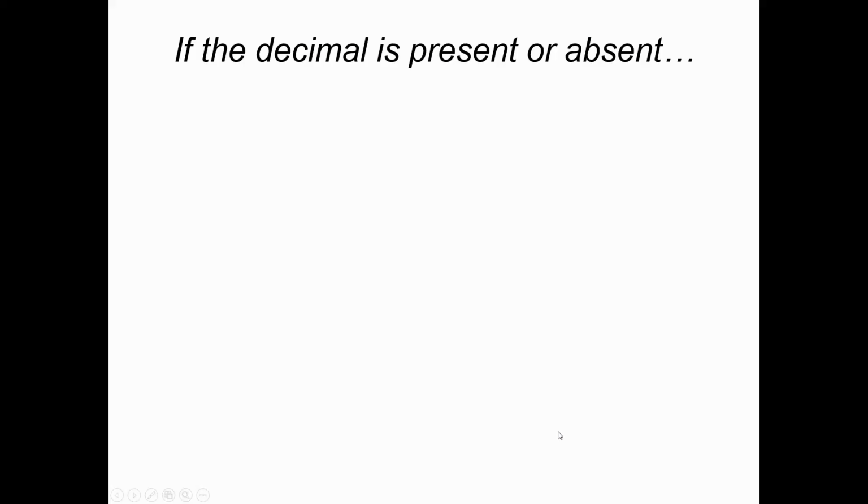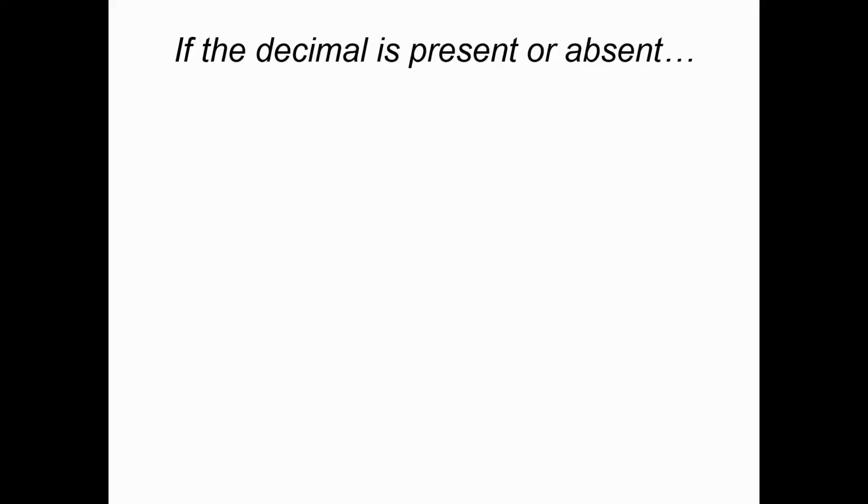The big factor you want to look for with a terminating zero is whether or not there is a decimal place. If the decimal sign is present, it's going to be significant.